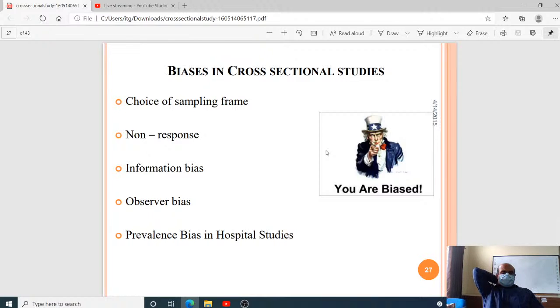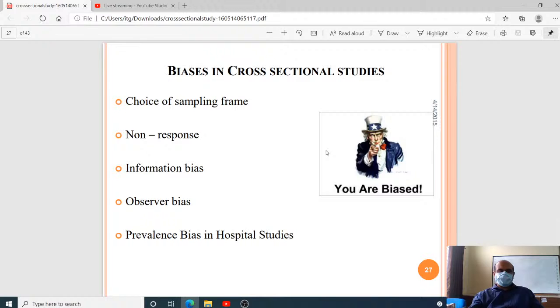Response, non-response becomes an interviewer's bias. There is an information bias, observer's bias, and prevalence bias in hospital studies.